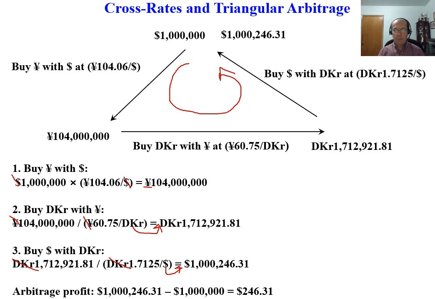Specifically, what will happen with the exchange rate? With the first trade, what happens? We buy Japanese yen with US dollars. And simply because of the law of economics, we know that if demand for a good increases, the price of the good goes up. So it's simply the law of demand and supply.